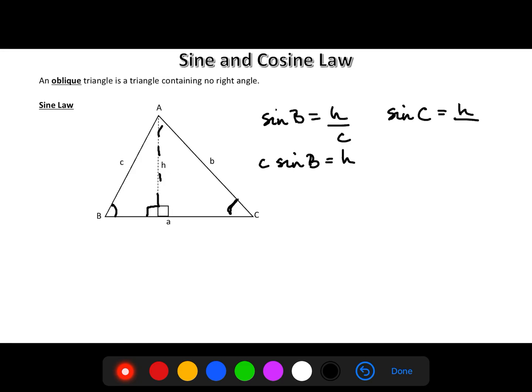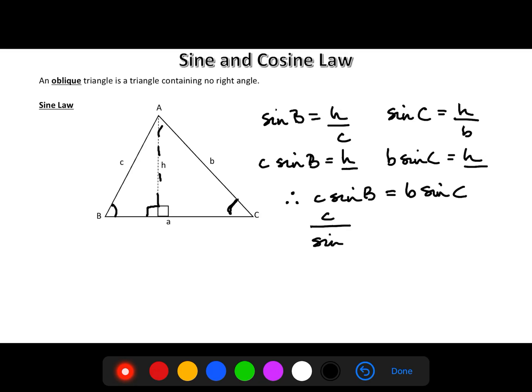In our triangle on the right, sine of angle C is equal to our height over side B. To isolate our height, we take the B to the other side, so height is equal to B times sine of C. If each of these is equal to height, then C sine B has to be equal to B sine C.